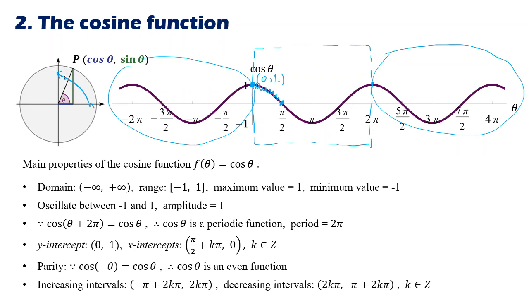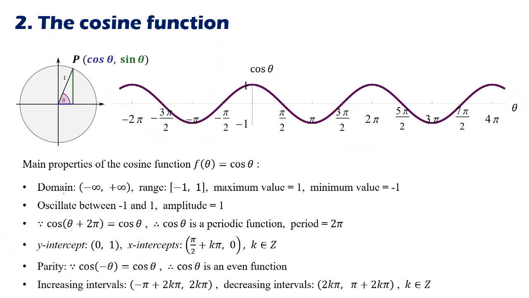Okay, so let's make a summary of the main behavior of this function. First of all, the domain is the set of all real numbers R, so theta can be any real number. The range is -1 to 1 inclusive. The maximum value is 1 and the minimum value is -1.